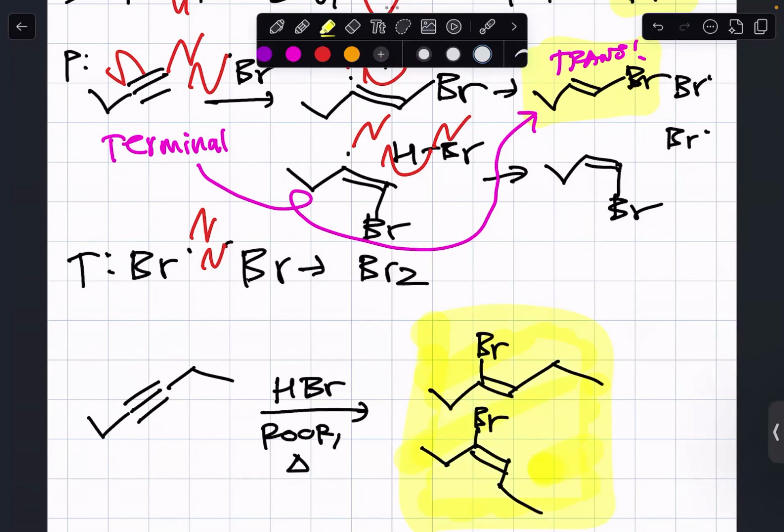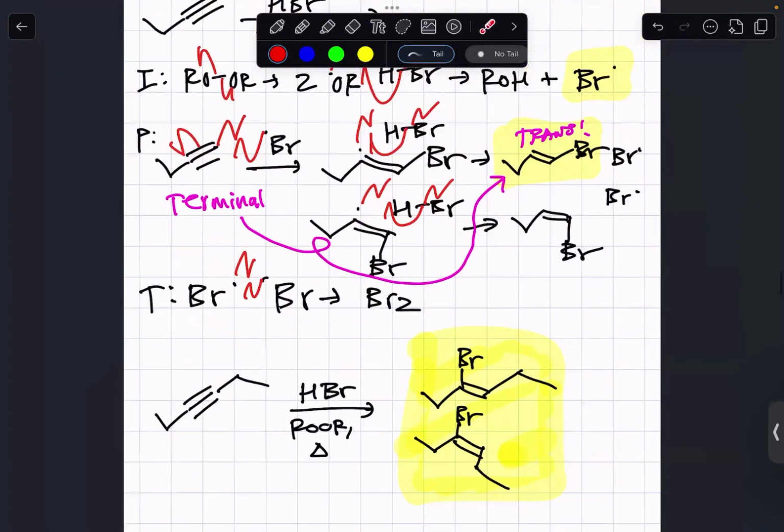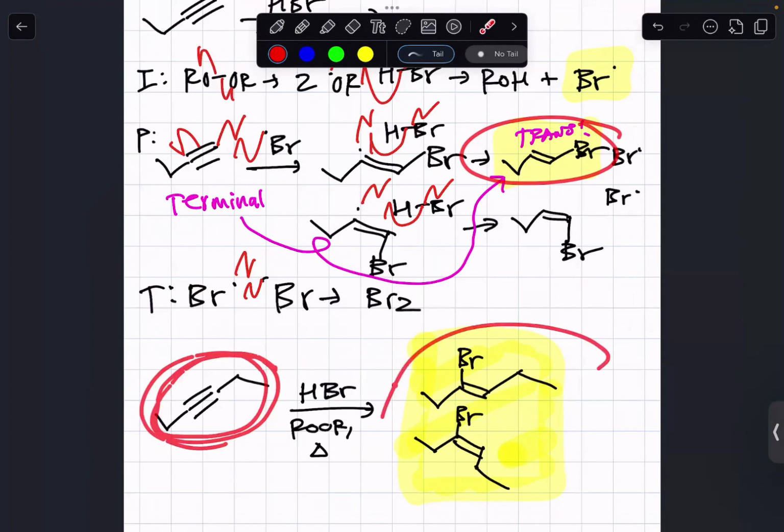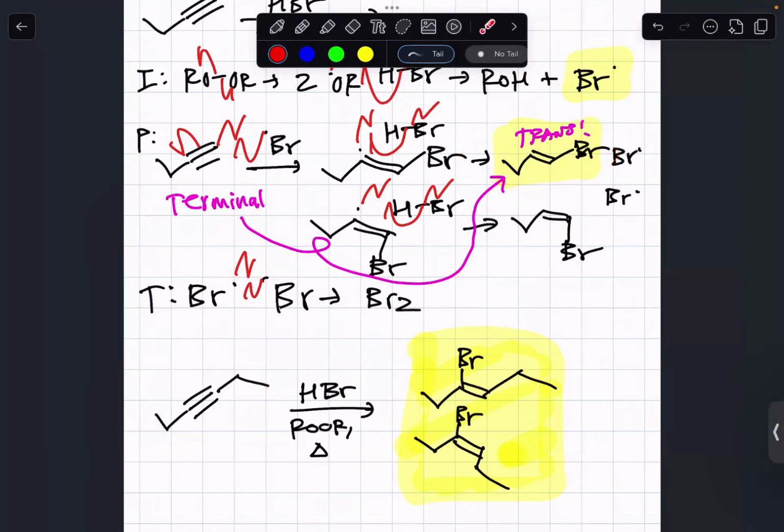Okay, so that's the difference. Right. Terminal alkyne, trans alkene with the Br. Internal alkyne, get both the E and Z alkene.